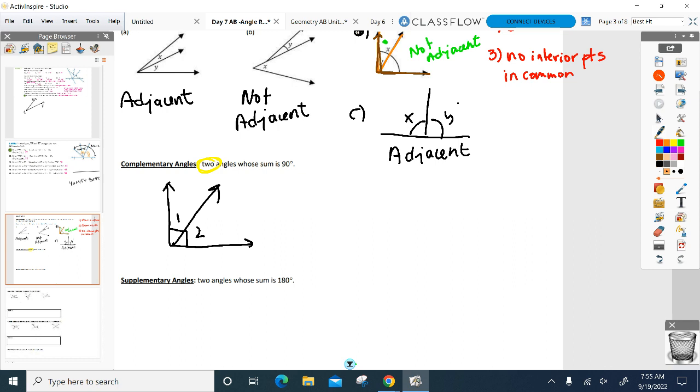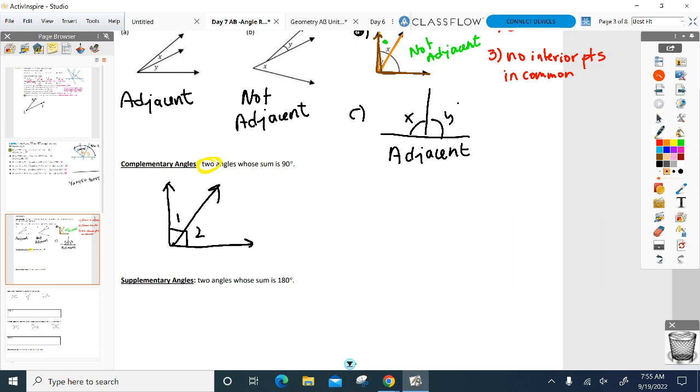See why it's complementary? Those two angles are complementary. They add to 90. Also, let's raise your game. 1 and 2 are complementary. They also are what? Give me another vocabulary term we just talked about. They're also adjacent to each other. All good?